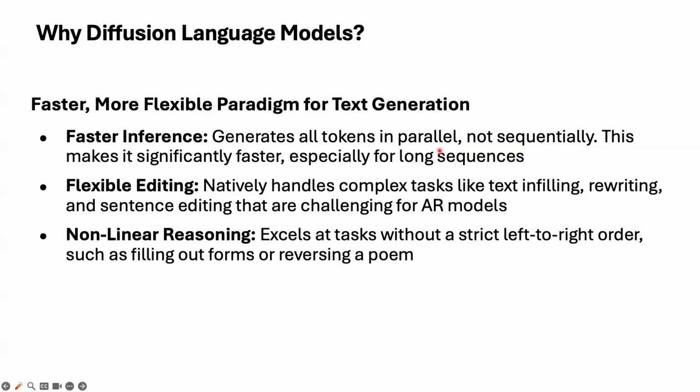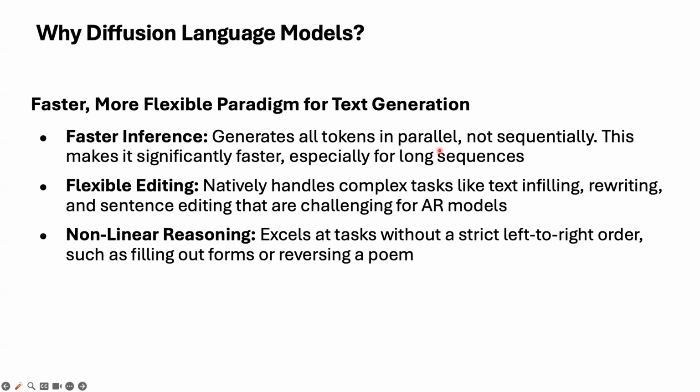The second is flexible editing, which is it natively handles infilling, rewriting, and so on. If I want to condition on something towards the end of a sentence or somewhere in the middle and want to be consistent with the beginning, you do this in autoregressive by instruction tuning or SFT or something like that. But these things could natively do those kinds of things potentially. Okay.